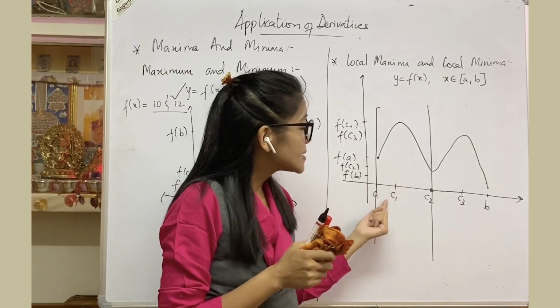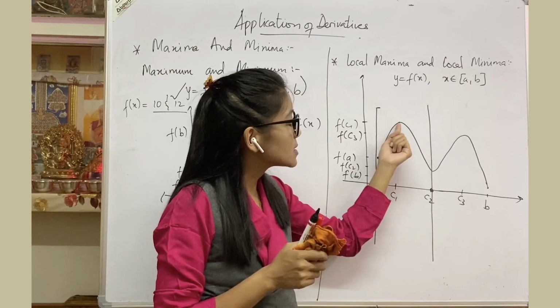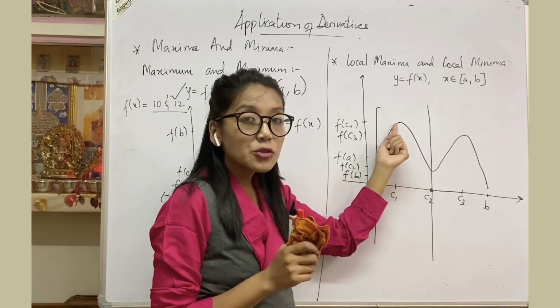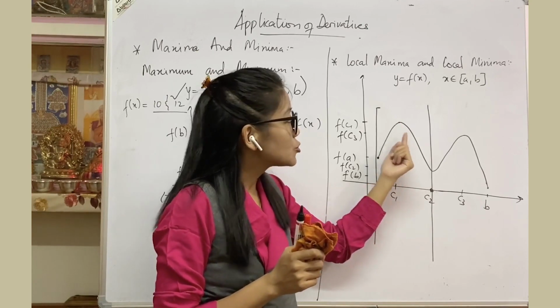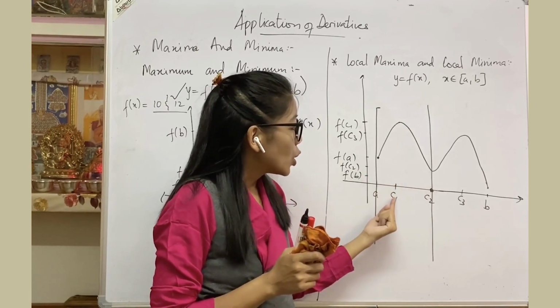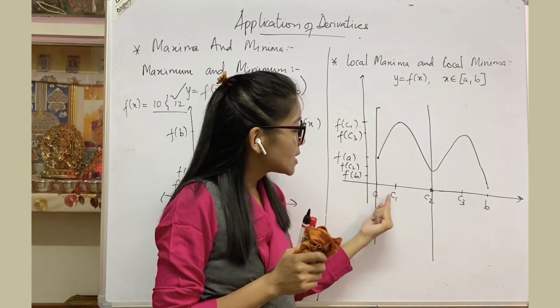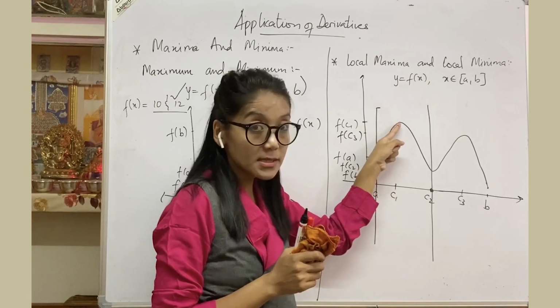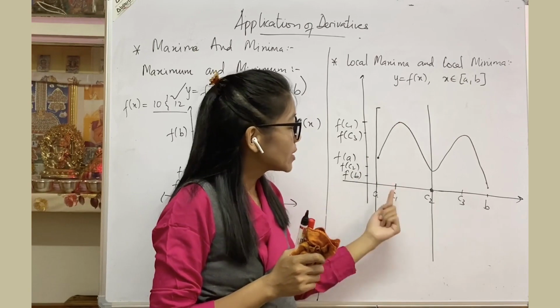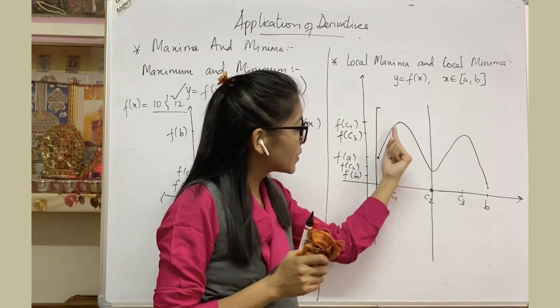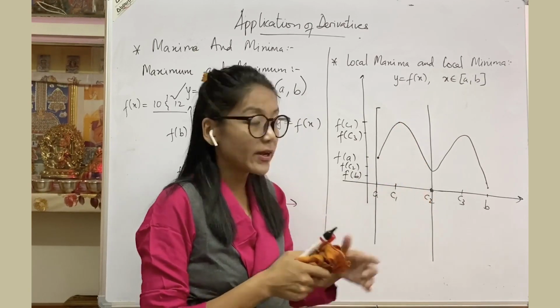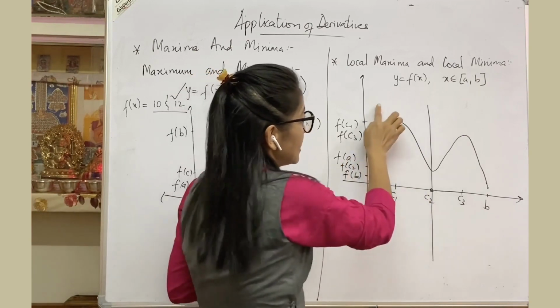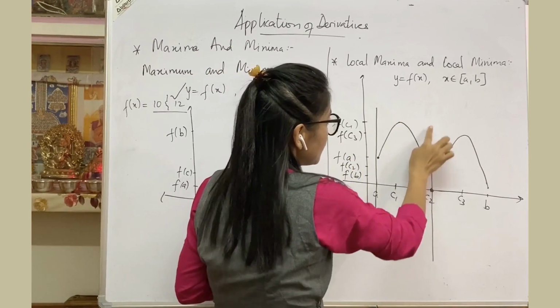When I say that at c1 the function is attaining its local maxima, then it should be like this. On the left hand side of c1 the function should increase, and on the right hand side of c1 the function should decrease. Is that clear, right?